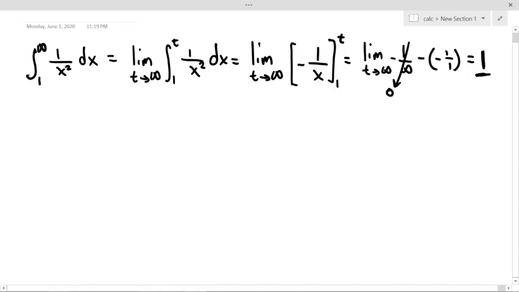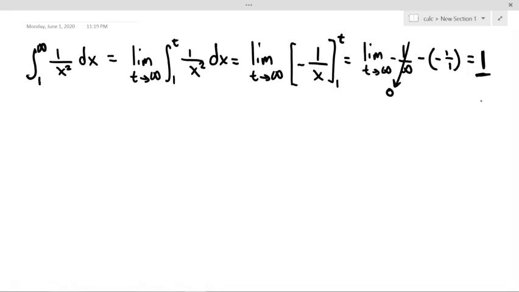In that case we used the function 1 over x squared, converted it to a limit, and substituted a variable t for the infinity. We took the antiderivative and evaluated accordingly, and came up with a solution of 1 for the integral of 1 over x squared dx from 1 to infinity.